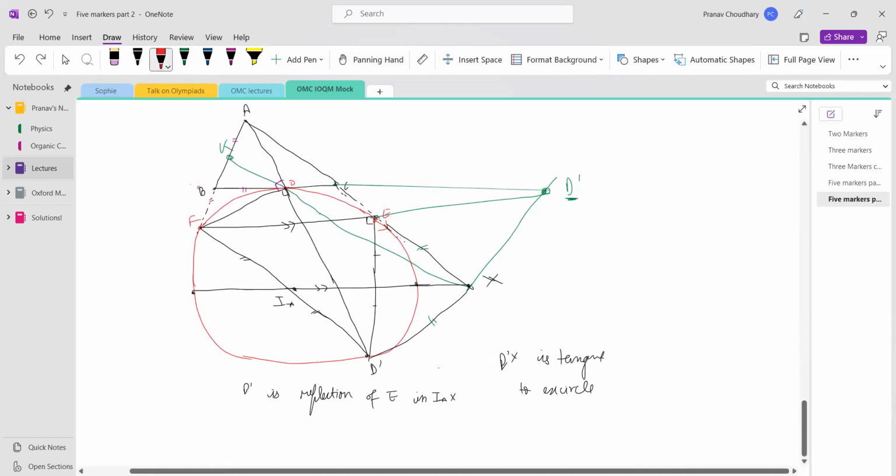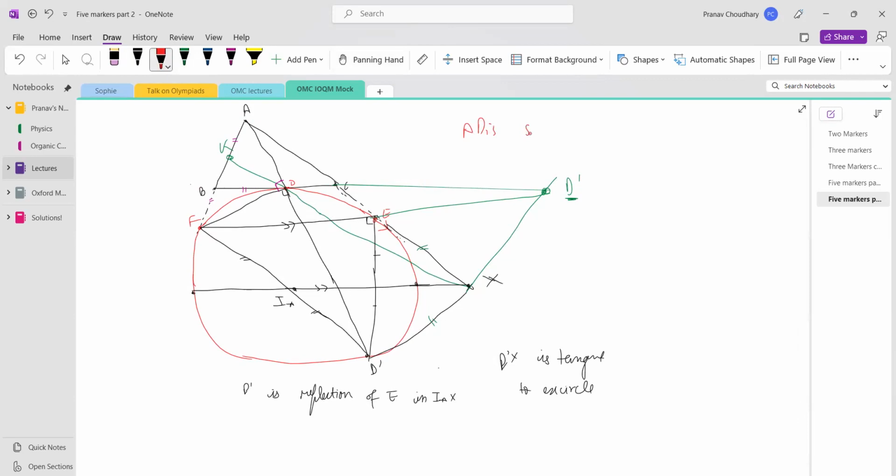Basically, AF and AE are tangents, which means AD is a symmedian in triangle DFE, which means FE is a symmedian in triangle DFD dash.